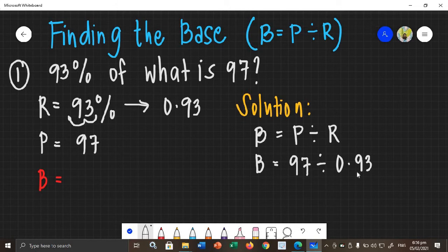When we divide 97 by 0.93, so your base is 104.3010 and so on and so forth. So technically, we get non-repeating and non-terminating decimal. So ito yung mga decimal numbers na hindi natatapos yung terms or yung values.